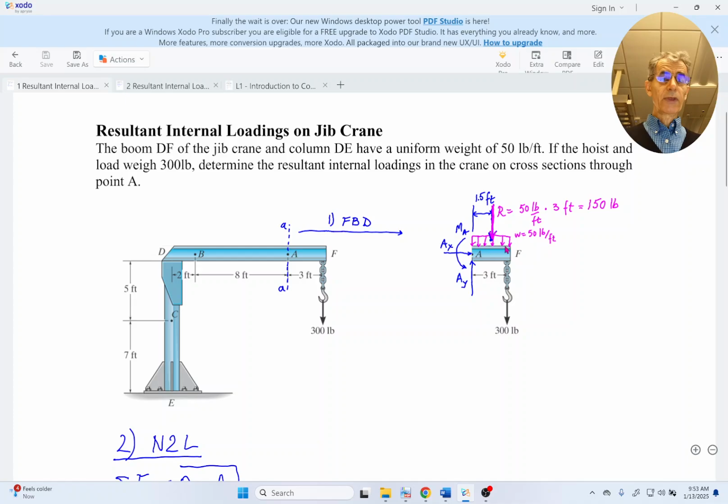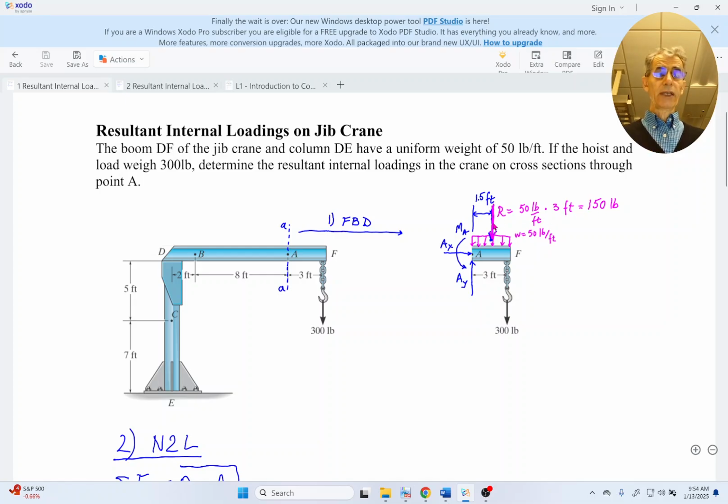We are putting a uniformly distributed load like a rectangle that we can see here along these 3 feet where we have it there. And of course, we need to calculate the reaction, the resultant. As you recall, we did that in statics. So we have 50 pounds per foot multiplied with 3 feet of length. We get 150 pounds.